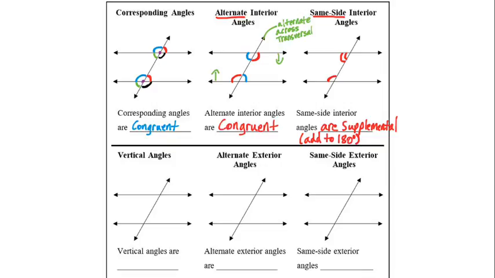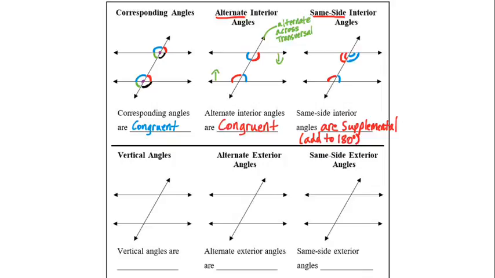Well, that's pretty neat, and it looks like I have one set there, and then additionally I also have this set on the other side. So the red angles will be supplemental and the blue angles will be supplemental.